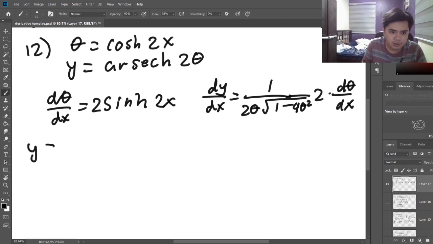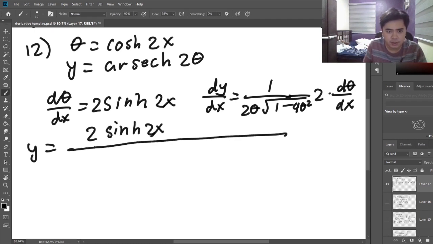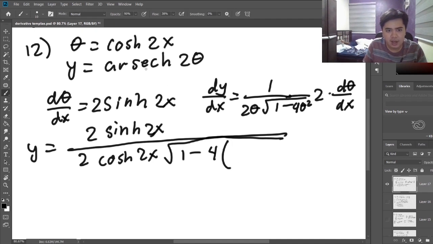So d theta over dx is going to be 2 sinh of 2x over 2 times theta, which is cosh of 2x, times the square root of 1 minus 4 times theta squared. So theta squared is cosh squared 2x.